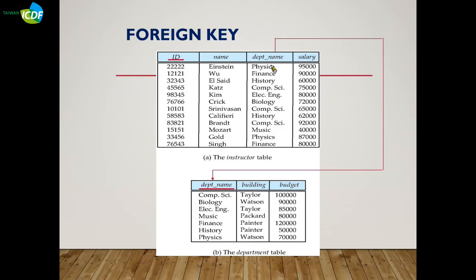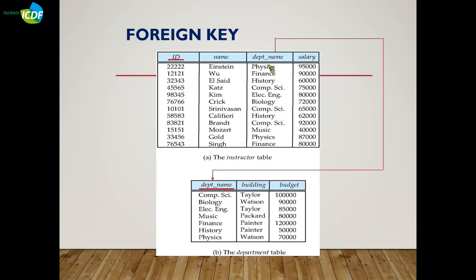We can find department name is the common attribute of these two tables, and department name is a non-key attribute of the instructor table. The same attribute is exactly the primary key of the department table.